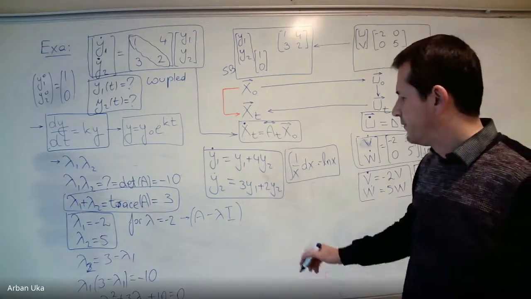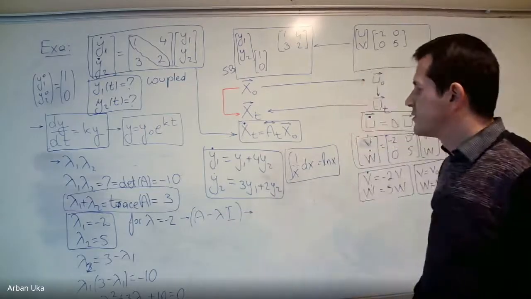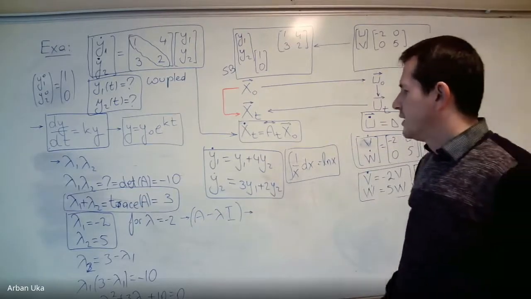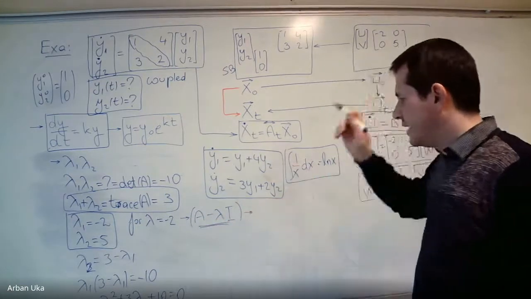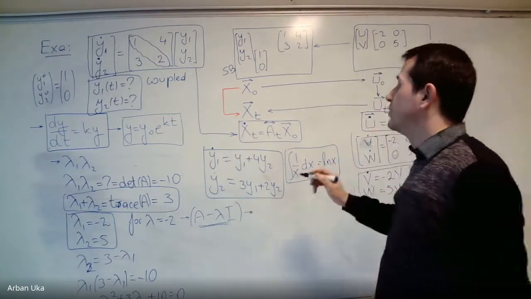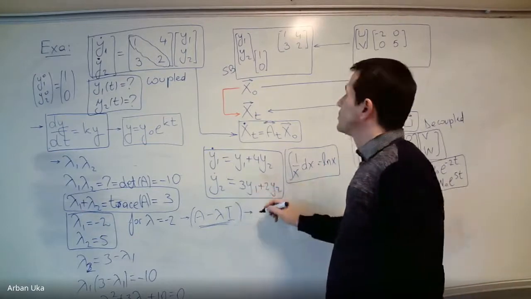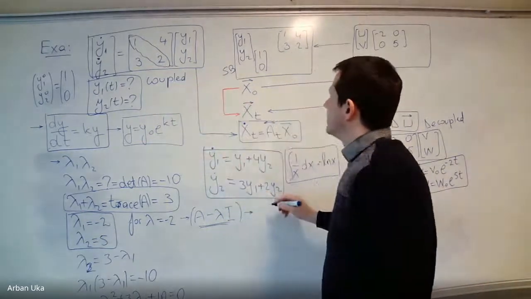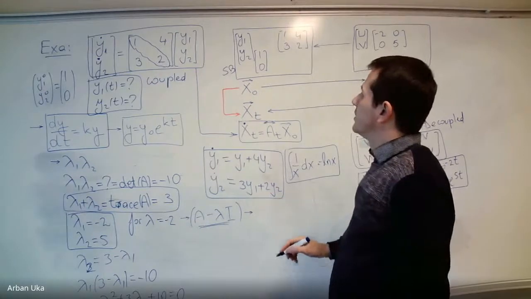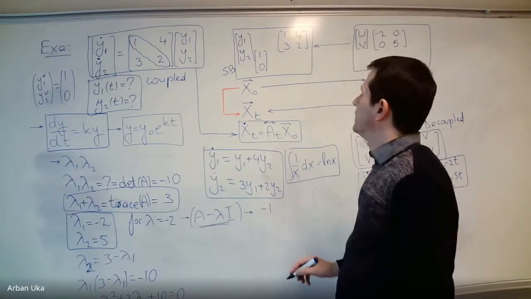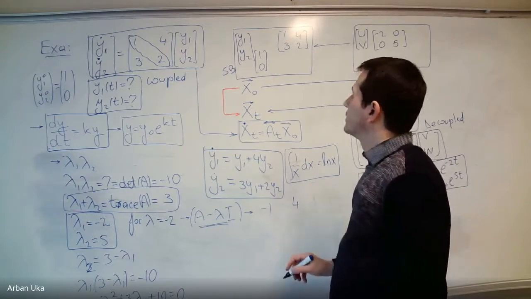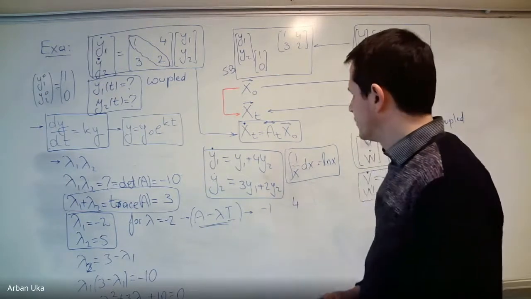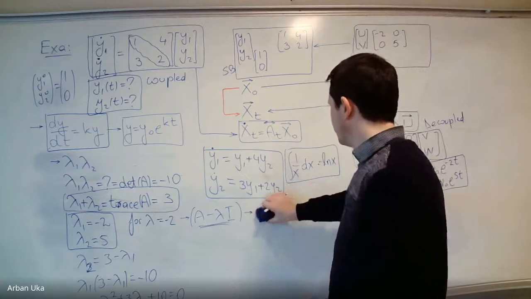Are we good? Okay, so now we need to find the matrix P. What is matrix P? For lambda equal to minus 2, we always write A minus lambda I. Then we get the following: 1 minus minus 2, so this becomes 3.